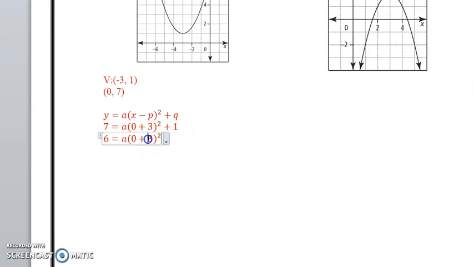And I could square the 3. 0 plus 3 is 3. It's going to be 3 squared, which would equal 9a, right? 3 squared is 9. You end up with 9a, and then your final step would be to divide both sides by 9, and we get A is equal to 6/9.